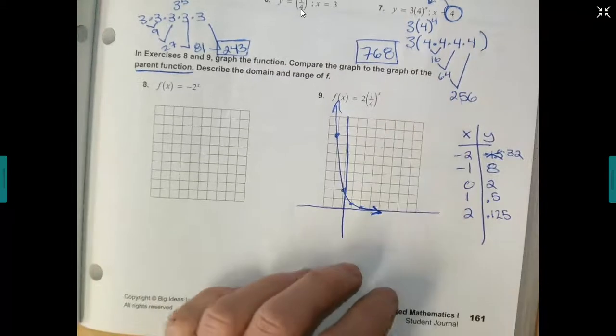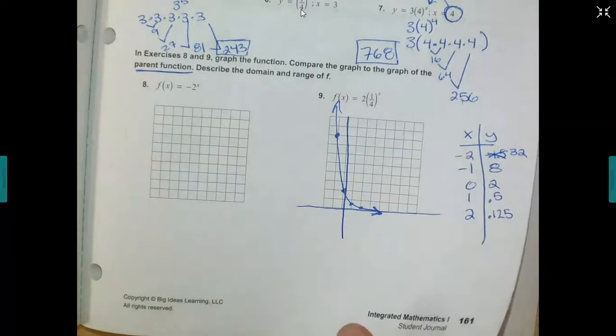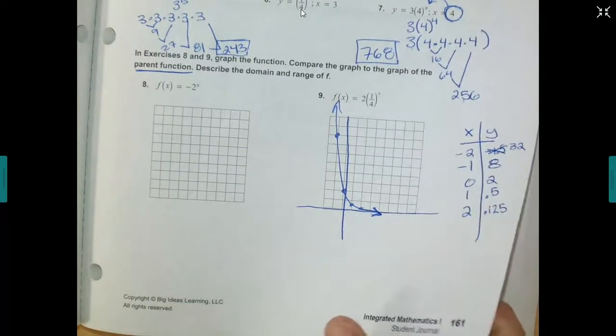There goes my graph. All right. Moving on.